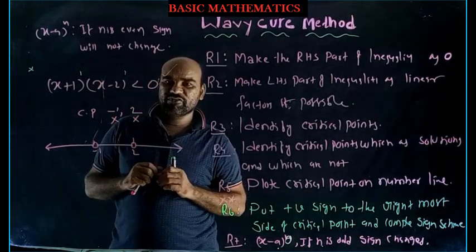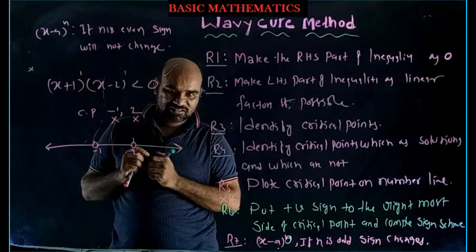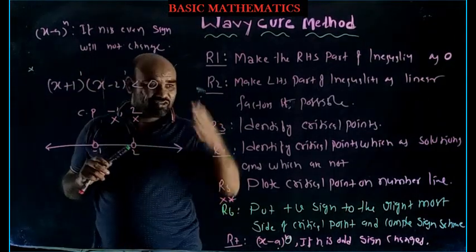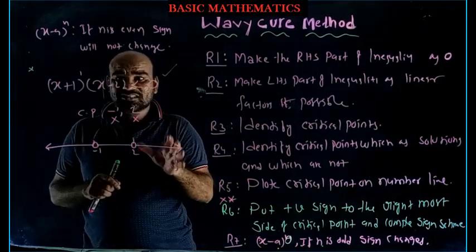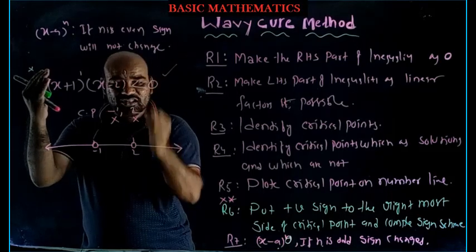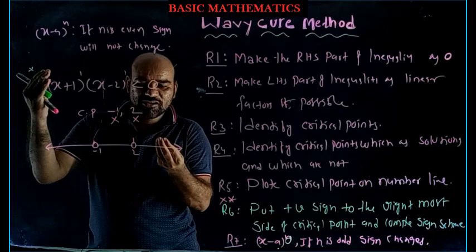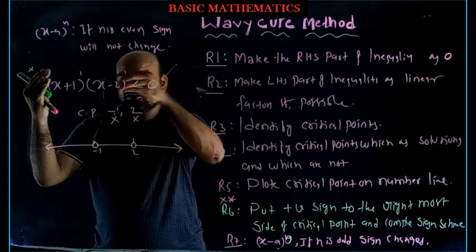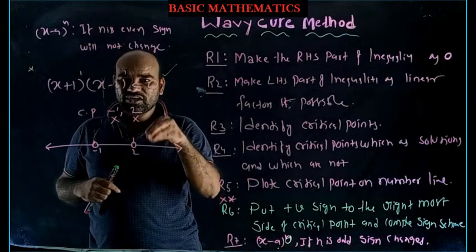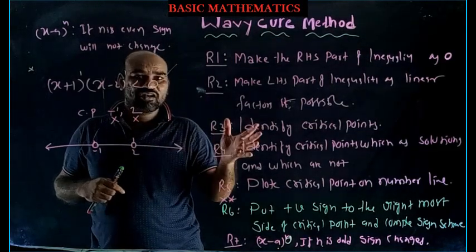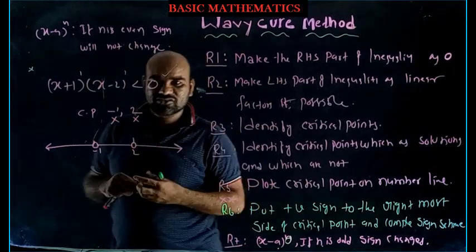Now we want to identify which area of the real number line is the solution of the given inequality. Without using this method, you need to find the sign of this expression for these values. You need to take values of x greater than 2, substitute them, and verify whether it is plus or minus. But the Wavy Curve method says you can directly find the sign without substituting those values.